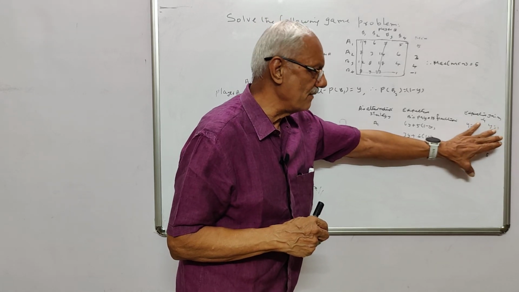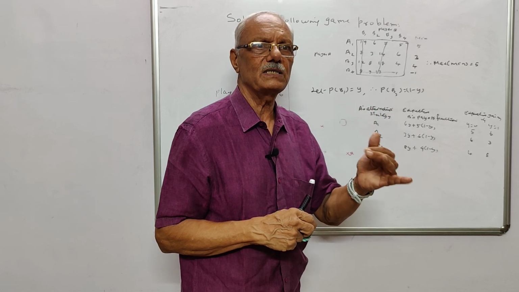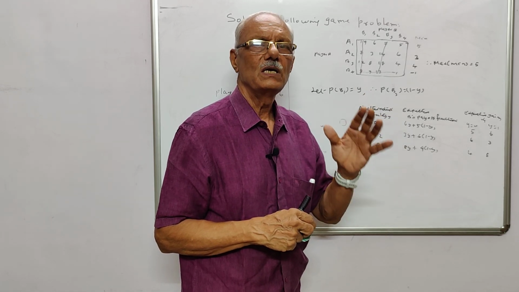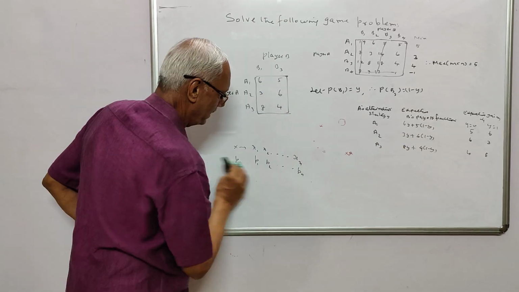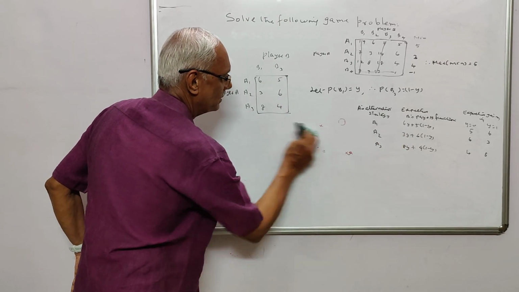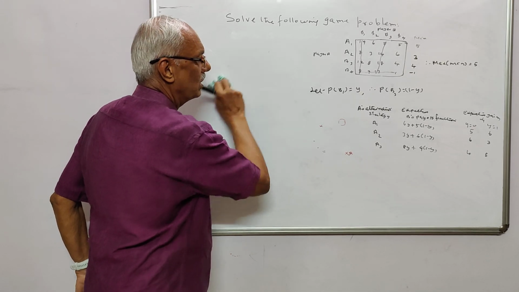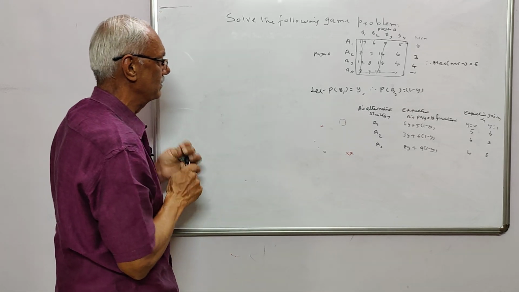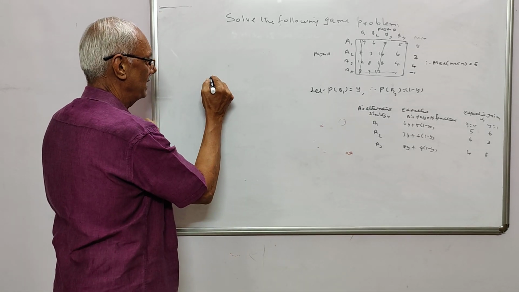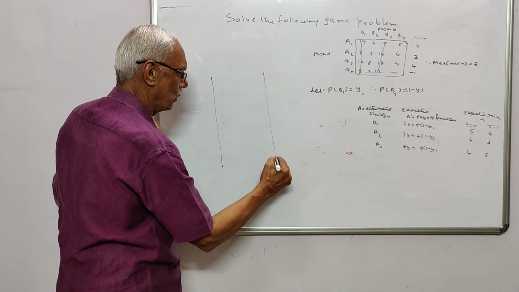Now with this, I will draw the graph and try to find out which are the two strategies A is likely to use against the two strategies of B. So I try to find the values for A and B to draw the graph. Here this is just 0 and 1.